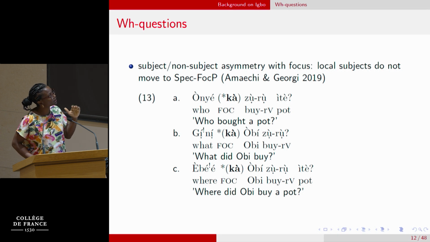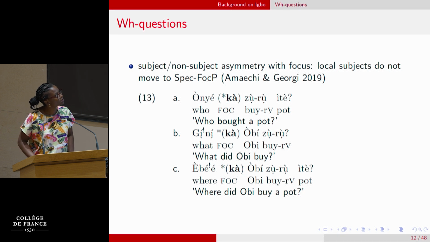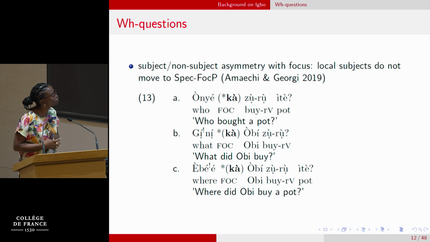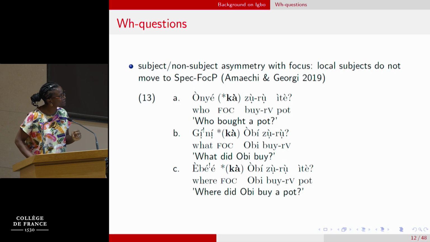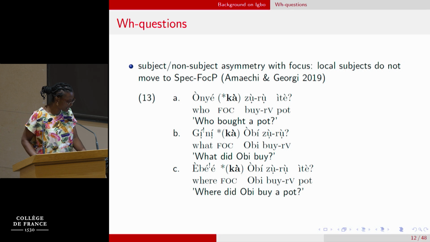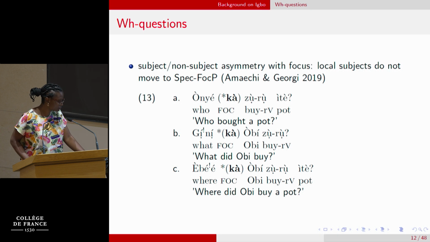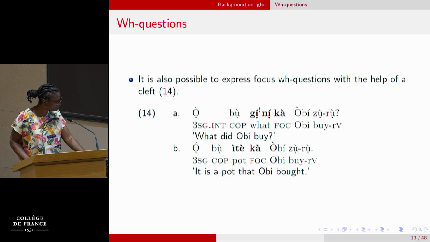And the idea is that for local subjects, we do not get the ka marking, but that's not the only evidence for the non-movement of this local subject. There are also some other morphophonological evidence to show that the subject did not move. But for every other argument, whether it is objects or adjuncts, as in the examples in B and C, we always have this ka marking immediately after the WH phrase.